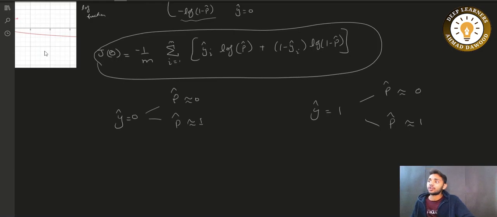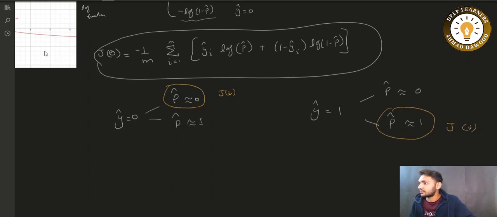In the cases where your actual and prediction are closer to each other, your error, your J, will be minimum, and also here your J will be minimum.